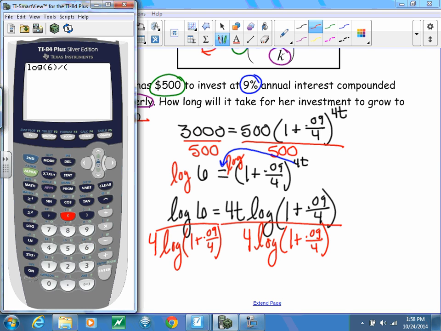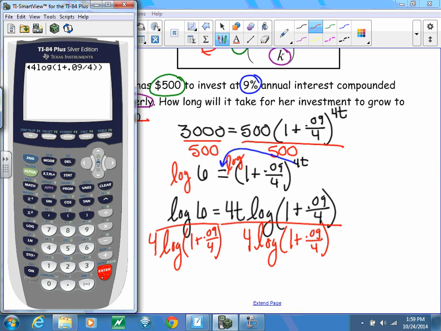So I'm going to use an open parenthesis, and here's where I'm going to put that 4 in. And then I can hit log. It opens up another parenthesis to do 1 plus 0.09 divided by 4. Close the parenthesis and close the parenthesis again to close out what's going to be in your denominator.